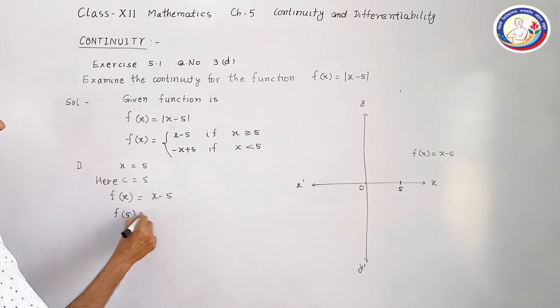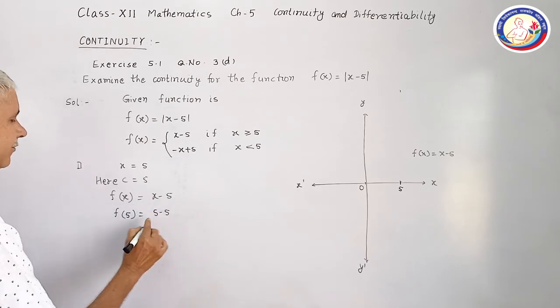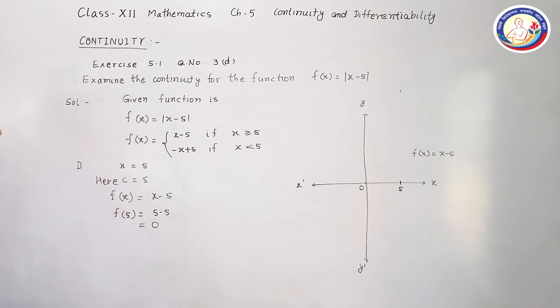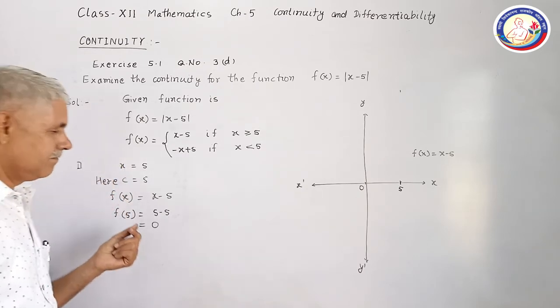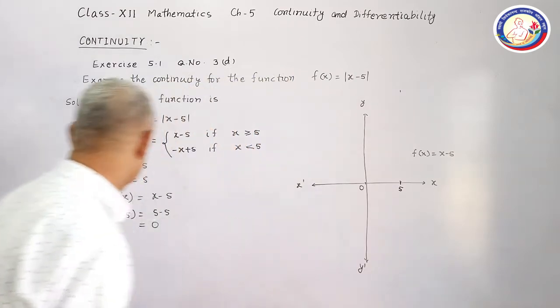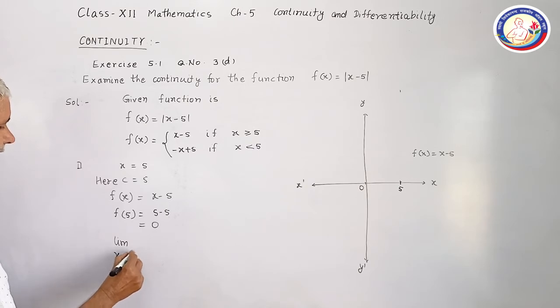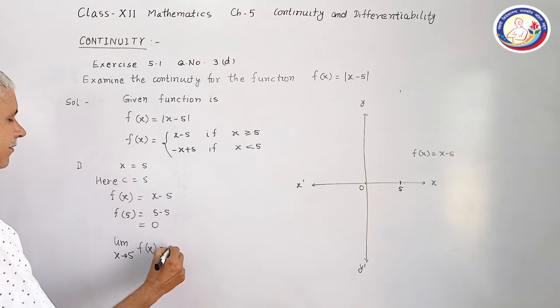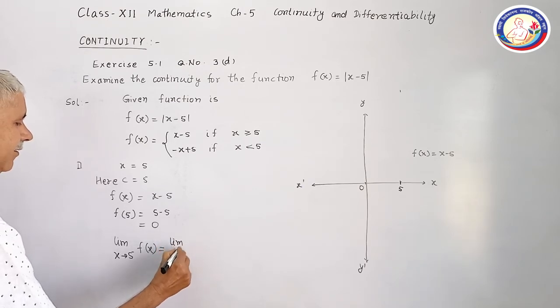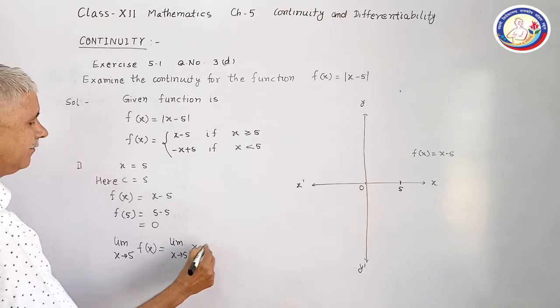F5, 5 minus 5 equal to 0. Again, we have to find the limit at 5. We can find it in two ways. Say limit x tending to 5 will be limit x tending to 5 of x minus 5.